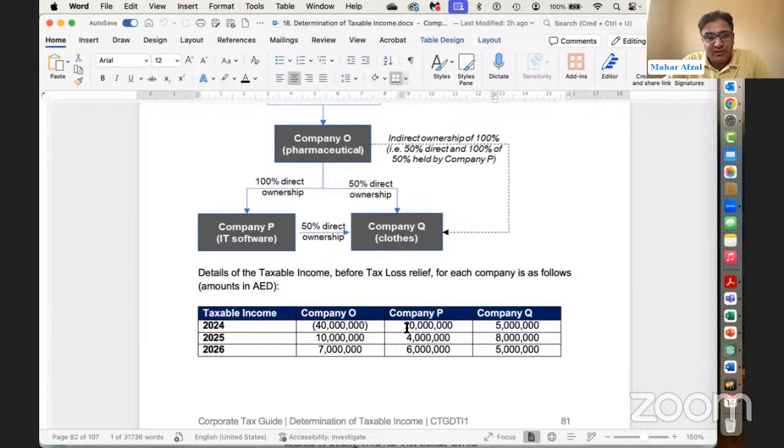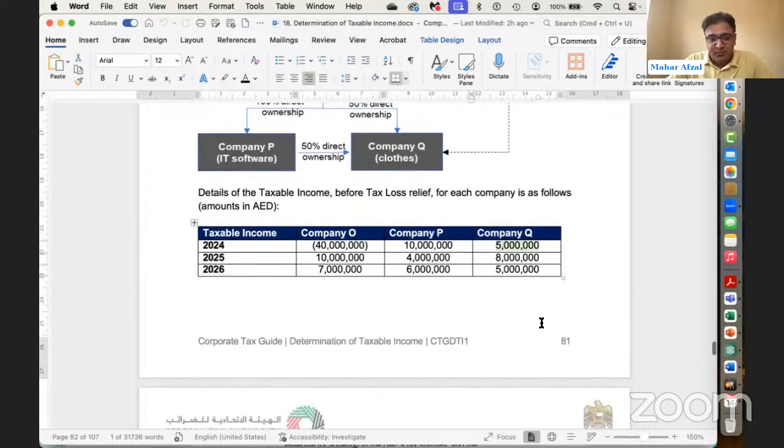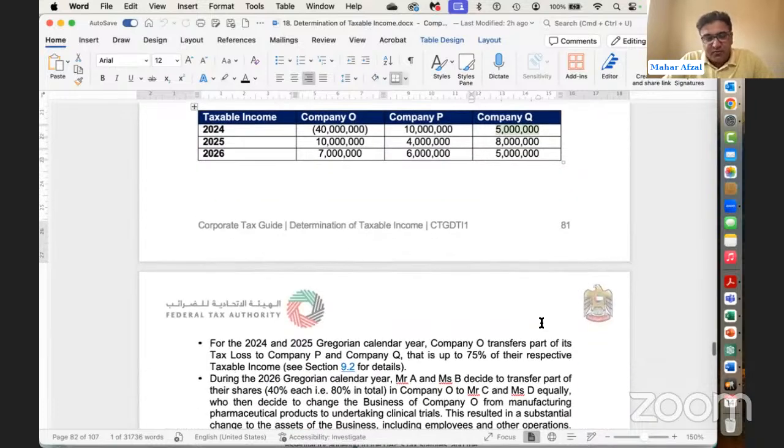But this will be adjusted at 75% of the taxable income. So 15 million into 75% can be adjusted, 11,250. Remaining loss will be 40 million less 11,250, 28,750. Then next year, again, it can be adjusted up to 75%.